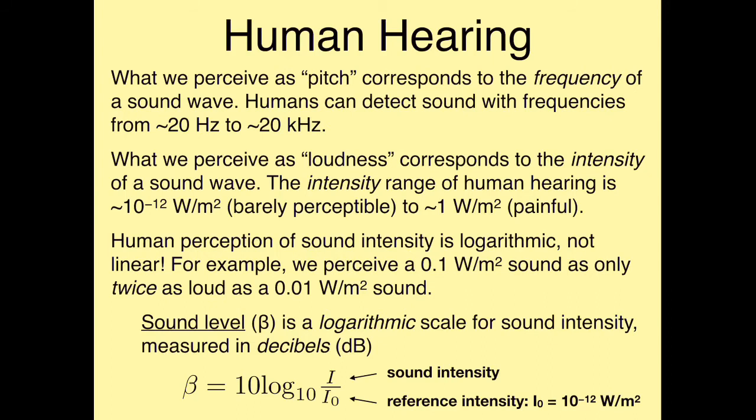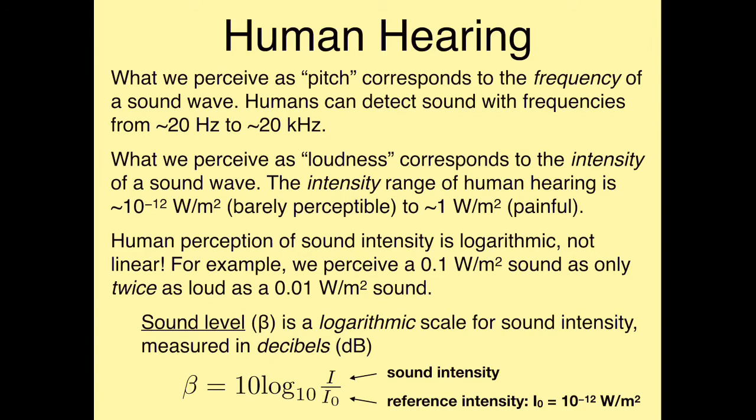And for that reason, the way our hearing works is our perception of sound intensity is logarithmic, not linear. So what do I mean by this? If we have two different sounds, and let's say one of them is intensity 0.1 watts per square meter, and the other is 0.01 watts per square meter, you might think that one is 10 times louder than the other, but if you put a human to the test and you ask them, how much louder does this one sound compared to this one, on average, they're going to say it's about twice as loud.